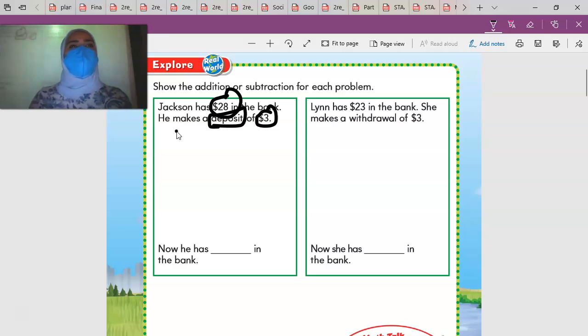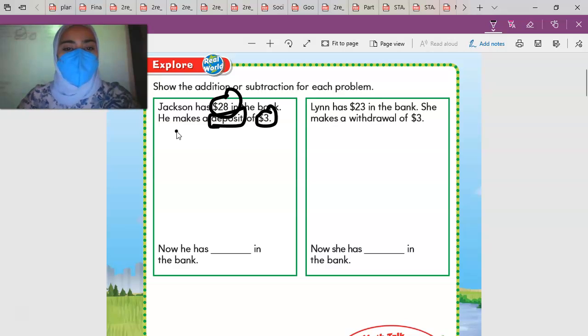So class? Yes. Deposit. Withdraw. Deposit. Withdraw. Deposit. When you deposit money, you put it. When you withdraw, you take it. If it says deposit, we will add. If it says withdraw, we will subtract.